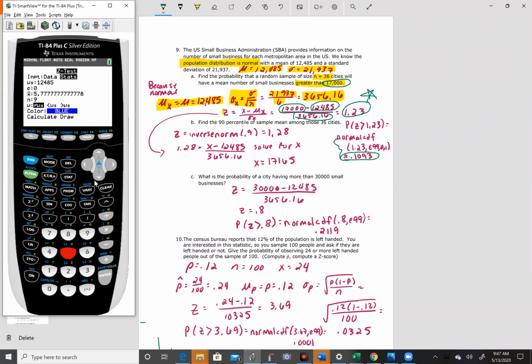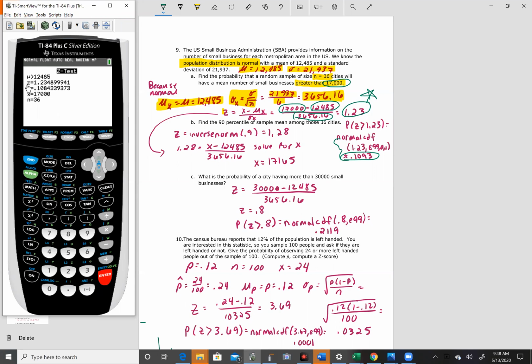And this will do all the calculations for you. Our original sigma, which was 21,937. And our answer is going to be a little bit different because the calculator does not round. It will use all of the decimals. The X bar, the one we are looking at, is the 17,000. Our N, 36. And we are looking for greater than. And we want to calculate.